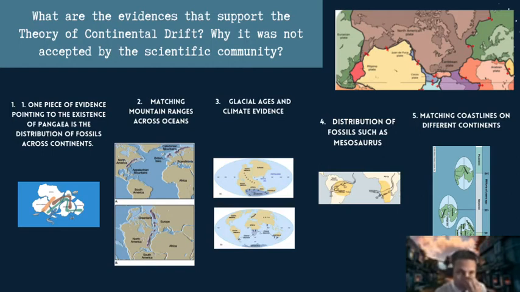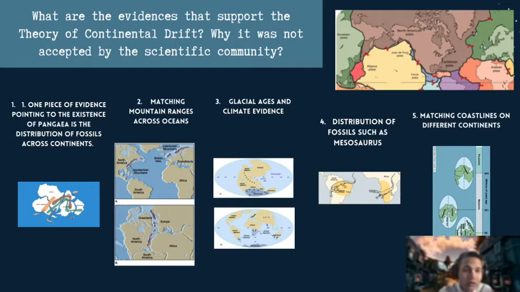So why can this happen? There are five pieces of evidence that support this theory, which Alfred Wegener found by himself.